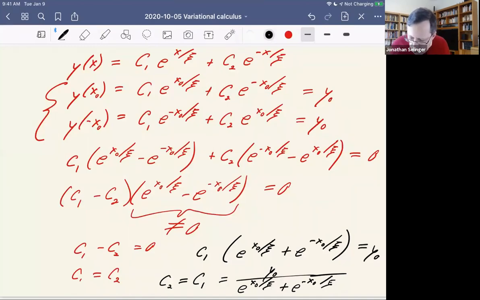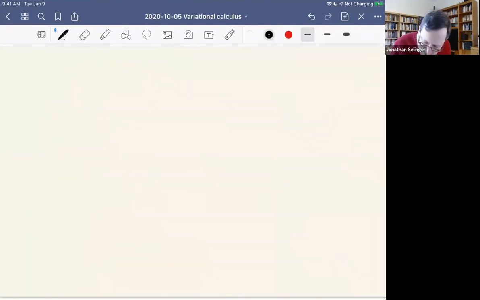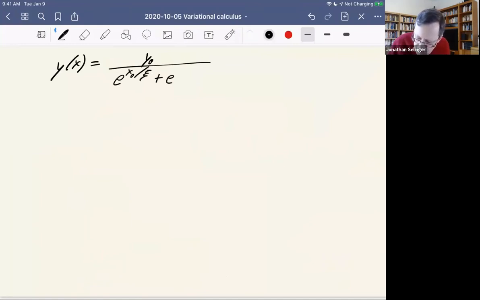All right, so let's write out the final answer sort of neatly. Okay, so that would be y of x is this overall coefficient, y0 divided by e to the x0 over ξ plus e to the minus x0 over ξ.